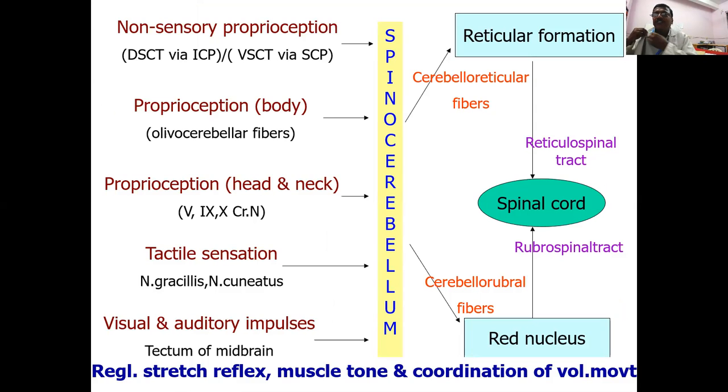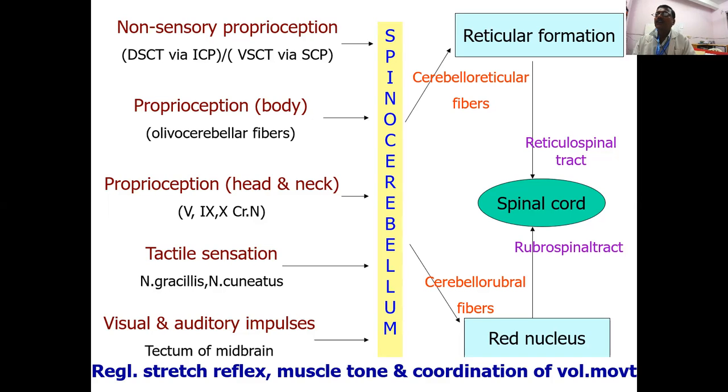And proprioception from the 5th nerve, 9th nerve, 10th nerve. And tactile sensation through the nucleus gracilis, nucleus cuneatus. Visual and auditory impulses, which will be conveyed through the tectum of the midbrain and go to the spinocerebellum.